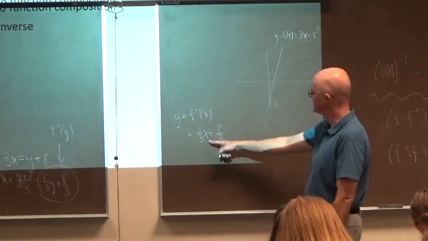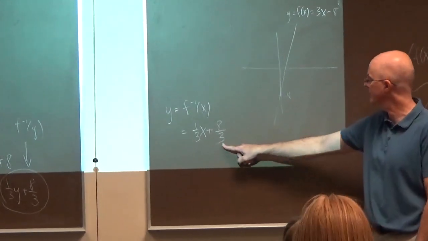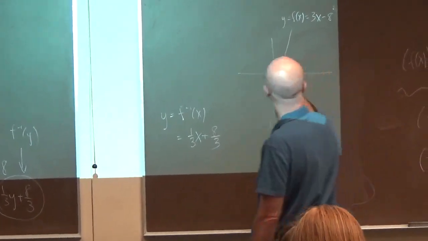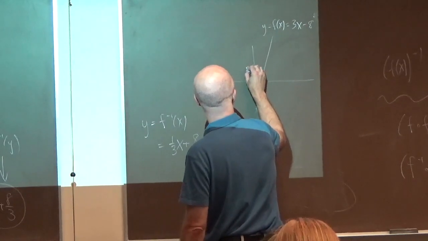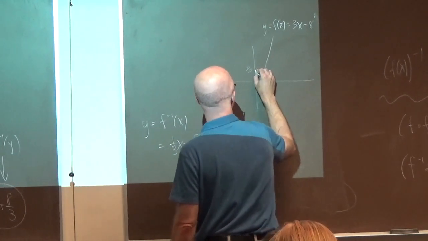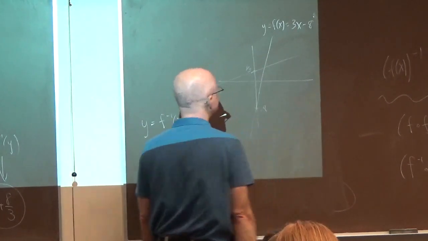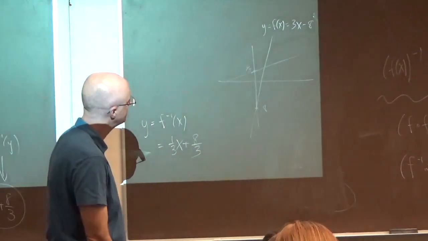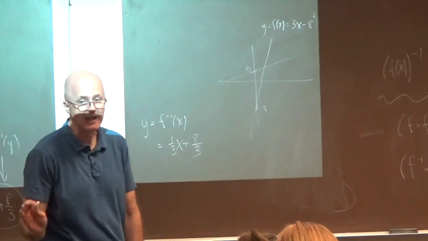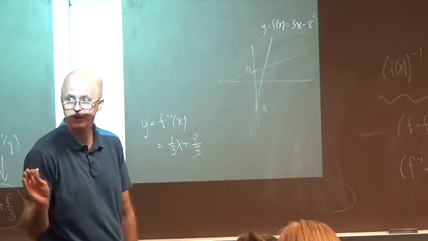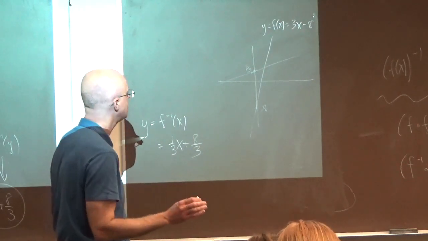If you plot the inverse function, it's got a slope of 1/3 and a vertical intercept of 8/3. It's going to look approximately like that. Not drawn perfectly. I was trying to draw this more carefully. I had to use graph paper.